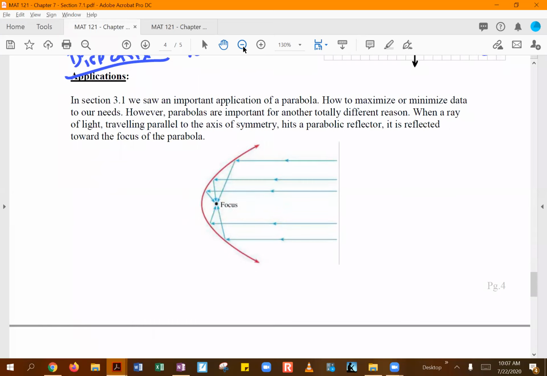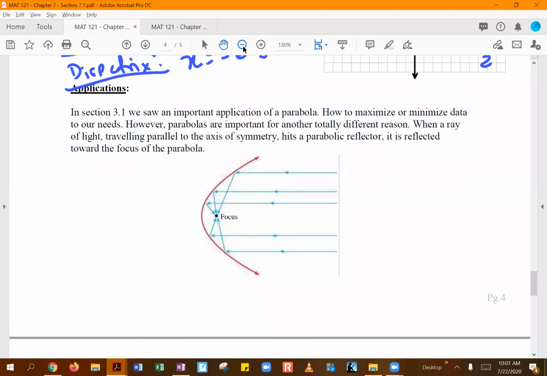Back in chapter 3, we talked about how maximizing or minimizing data could help us with our needs. We talked about creating the maximum area for a garden. We also talked about that archer example when he shoots an arrow, and you guys had a bunch of other examples in your homework as well. But now, like I said, we are more interested in the reflection property of a parabola.